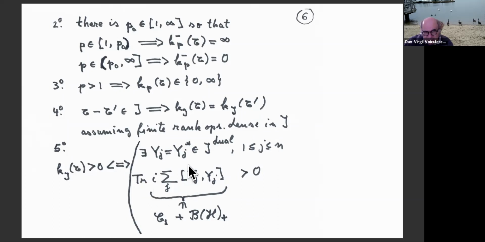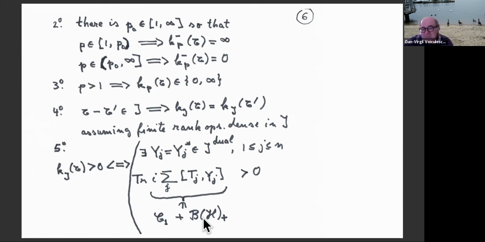One has to have that this sum should be in C1 plus positive operators, because I need to have also the possibility that this trace should be plus infinity. And so it's going beyond C1, and it's C1 extended with B of H plus.